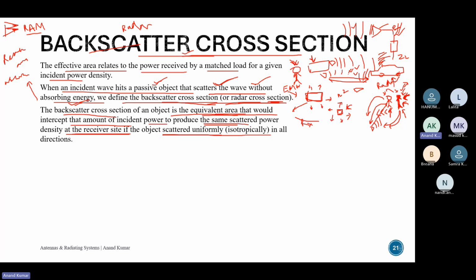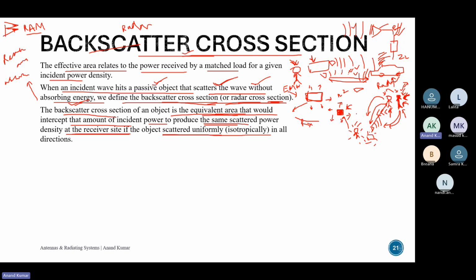So let's define an equivalent area, and this particular area can scatter uniformly in all directions. So we need to calculate this equivalent area relative to me or the other objects, which scatter the electromagnetic waves differently in different directions, so which is not isotropic.